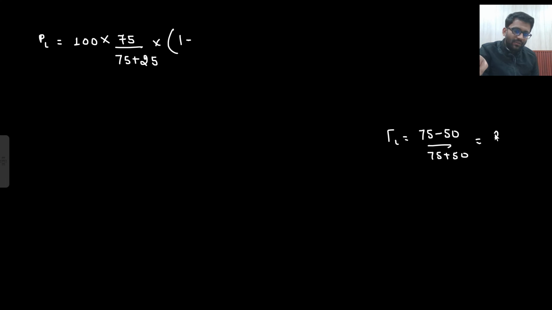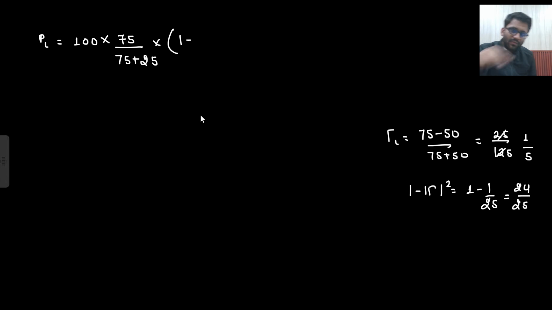That would be 25 by 125, which is 1 by 5. So what will be the value of 1 minus mod of gamma square? That would be 1 minus 1 by 25, that is 24 by 25.